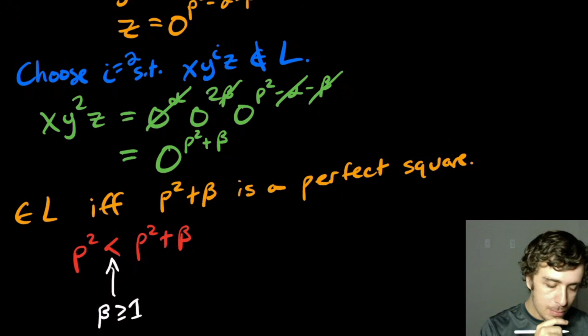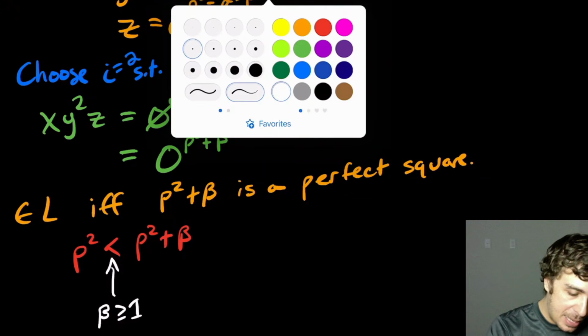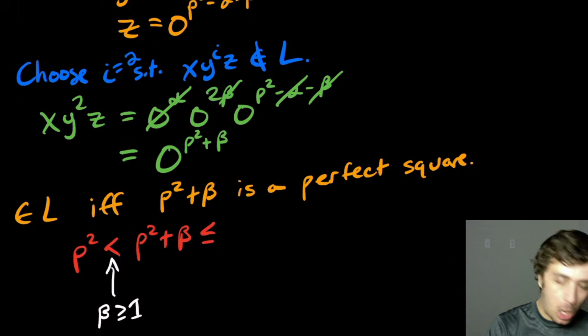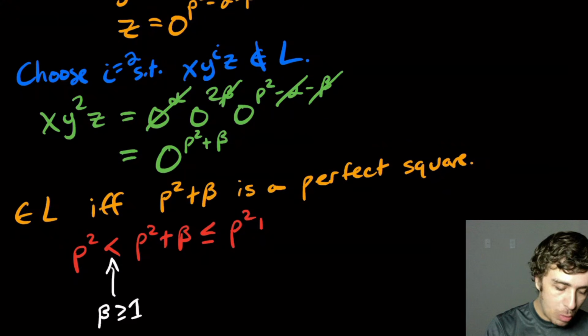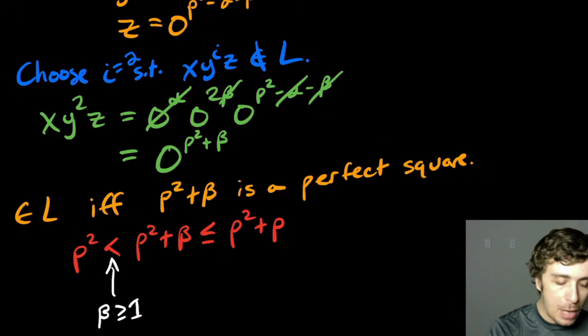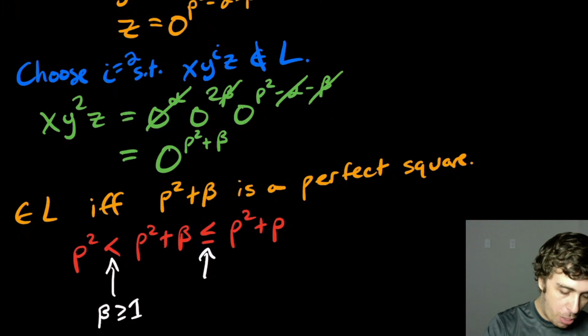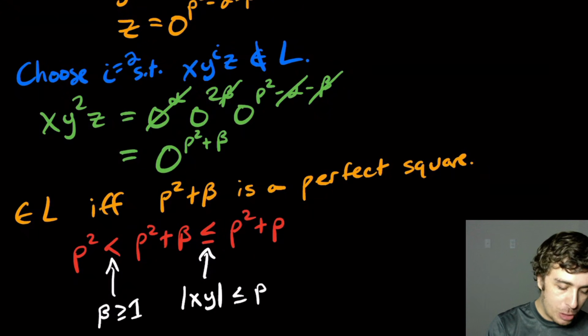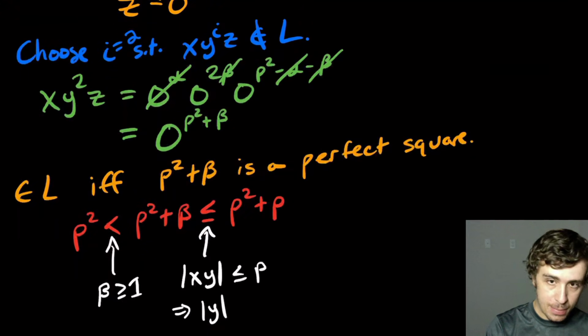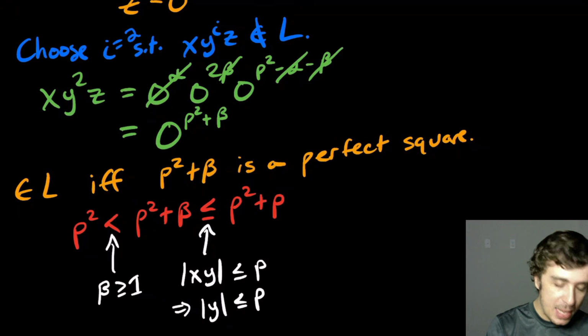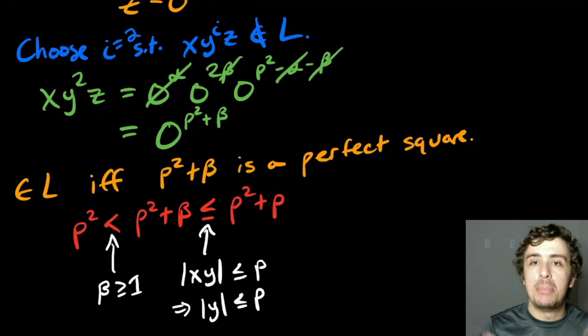But it turns out that this thing is always at most p squared plus p. And how do I know that? I know that because the length of xy, the whole thing, is at most p, which implies that the length of y is at most p, and the length of y is beta.